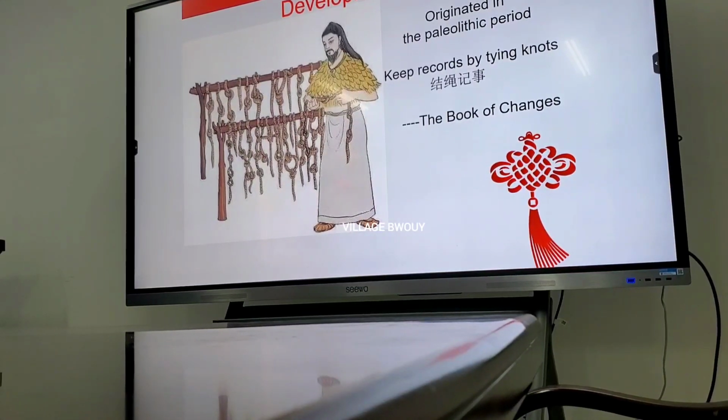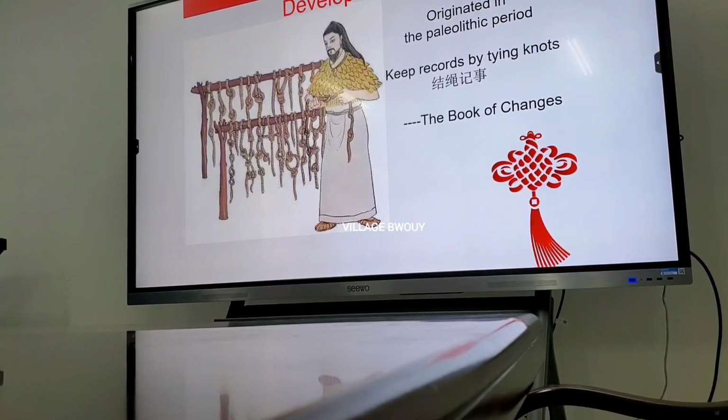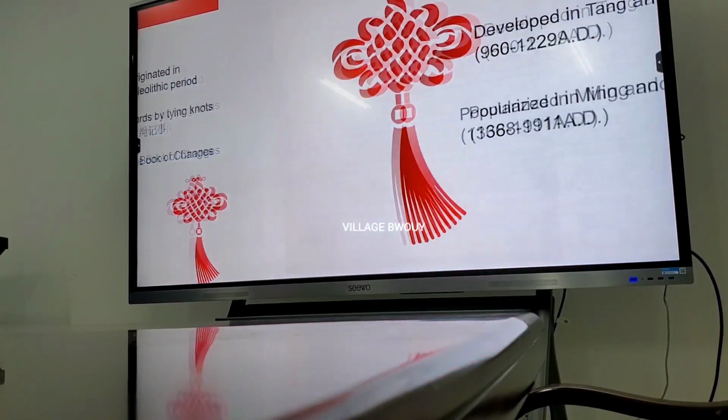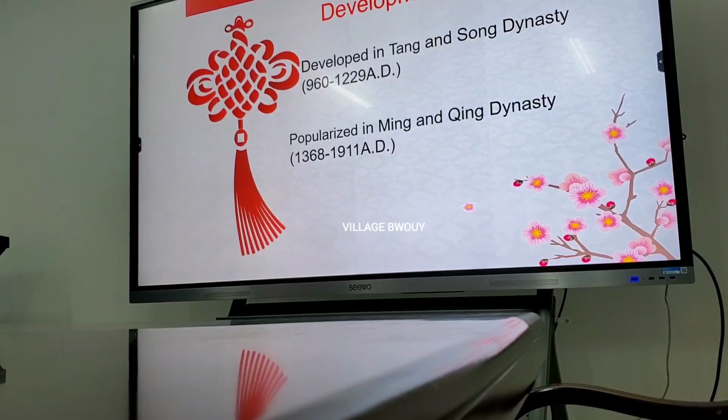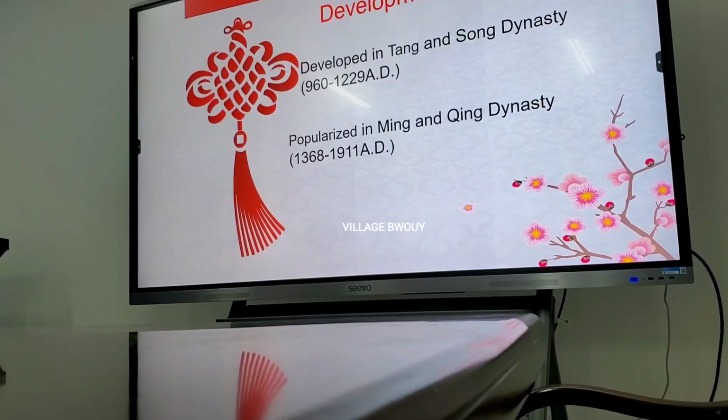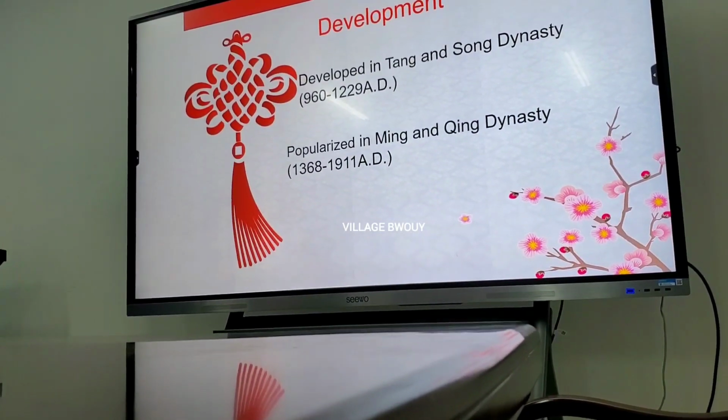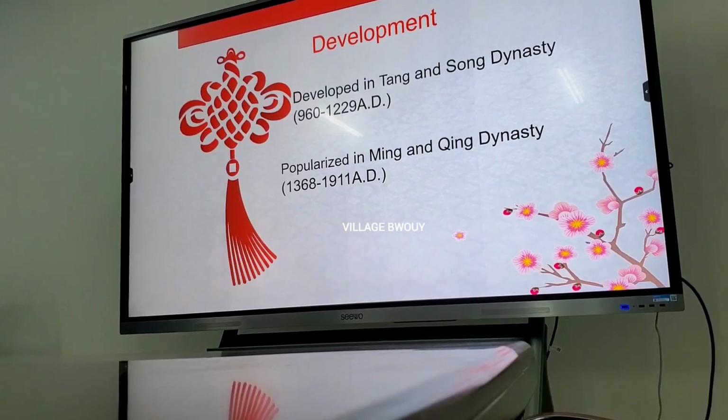Okay, and this is recorded in the Book of Changes, and then it developed in the Tang and the Song dynasties, and became very popular in the Ming and Qing dynasties, used for decorations on very important occasions.